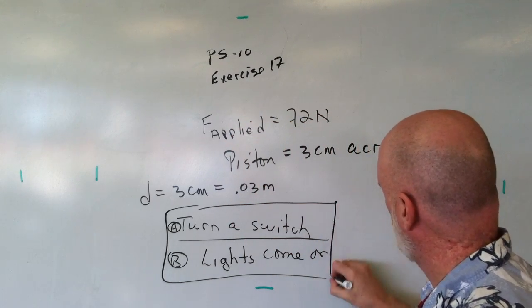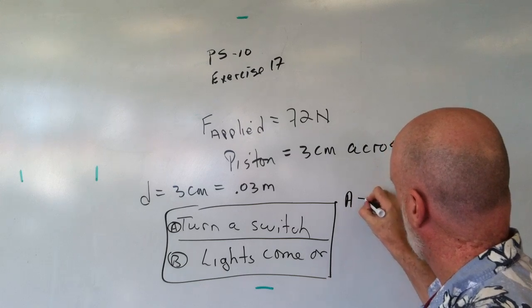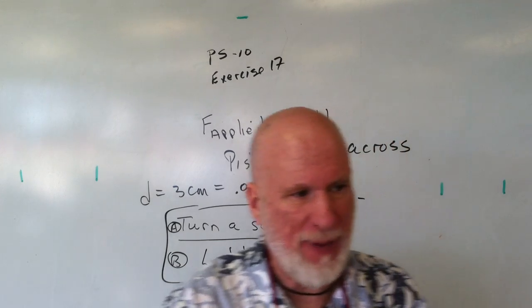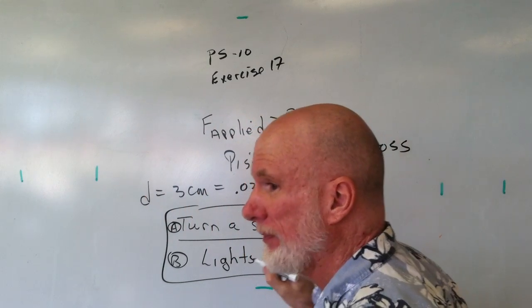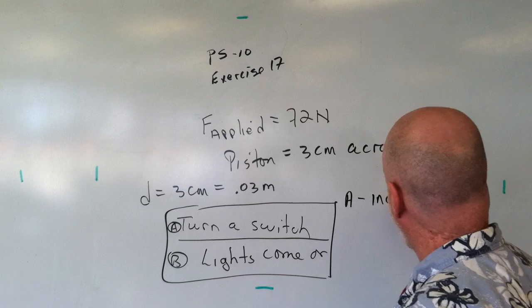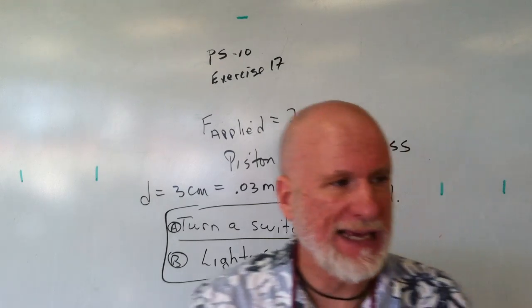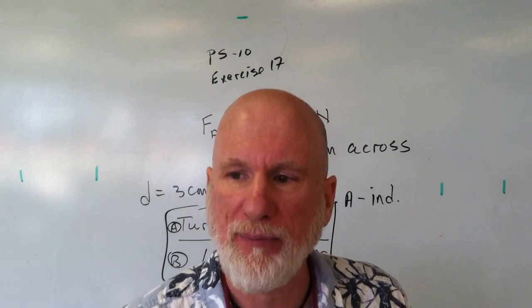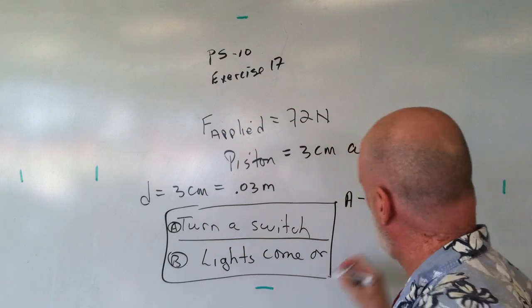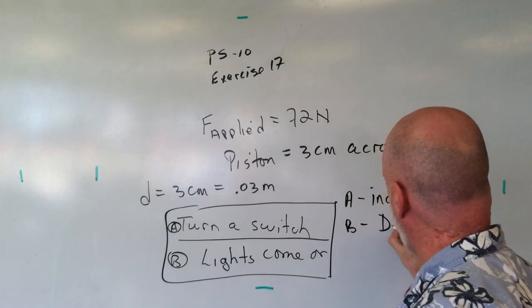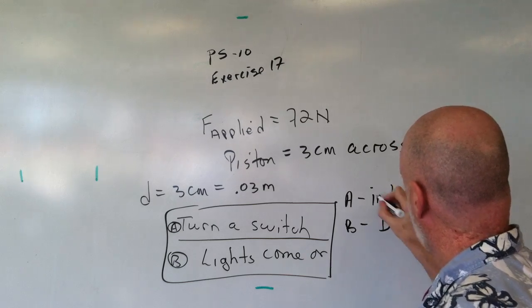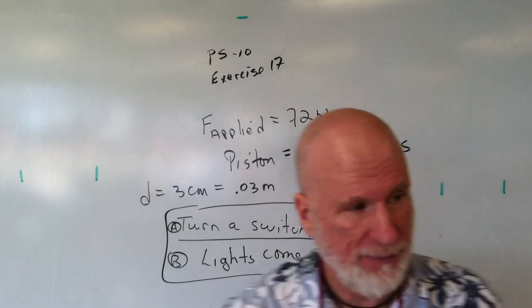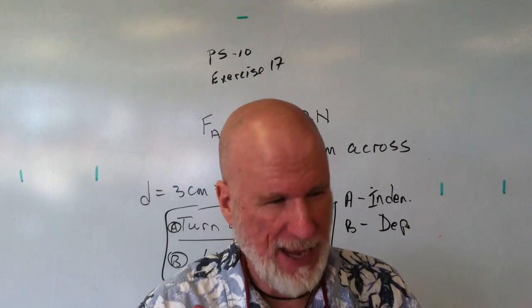2 variables. Is A independent or dependent? Independent. A is independent. Therefore, what's B? Dependent. Variable B is dependent. Correct? Easy? Yes or no? You get that?